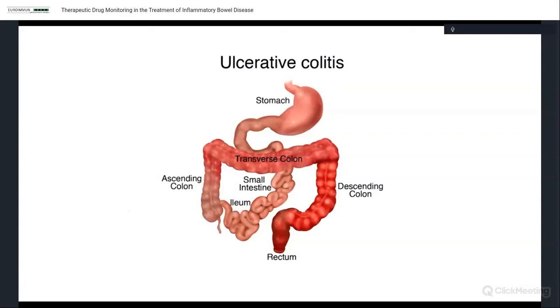So a little bit about the two primary forms of inflammatory bowel disease. Ulcerative colitis predominantly affects the colon or large bowel and extends from the rectum more proximally in the colon and can maximally involve the entire colon, where we call it pancolitis.